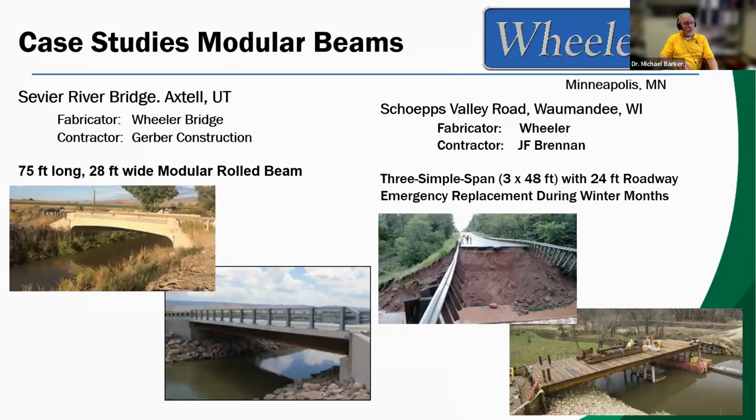Now, there are other modular beams out there, and the reason I'm showing this slide is because of Wheeler. Wheeler is in Minneapolis, Minnesota, and they are building modular bridges that they send out all over the country. On the left side, you have a concrete decked modular beam accelerated bridge construction project in Axtell, Utah, where they were closing the old bridge.